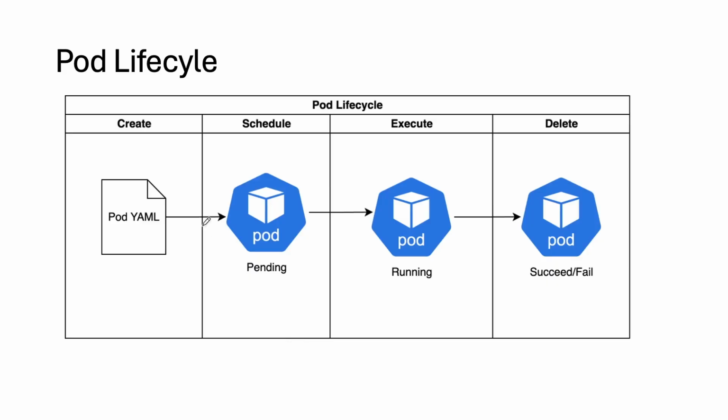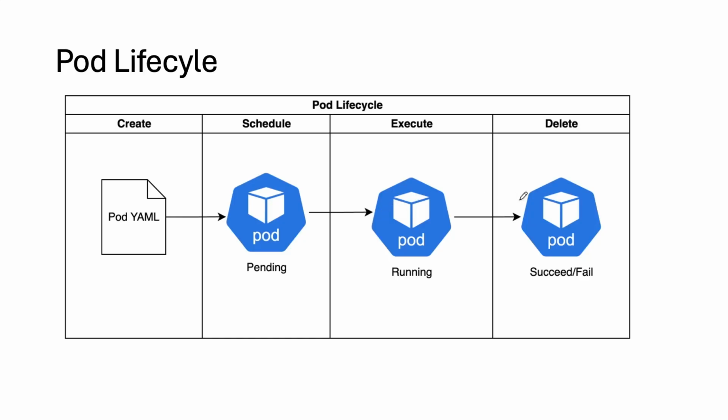Now that we have seen the YAML, let's look further into the pod lifecycle. First, pods are created using a manifest file, which is the YAML you just saw. Then we publish that YAML to the API server, where they get scheduled for execution. From there, they are picked up by the scheduler and assigned to a node where they start running.